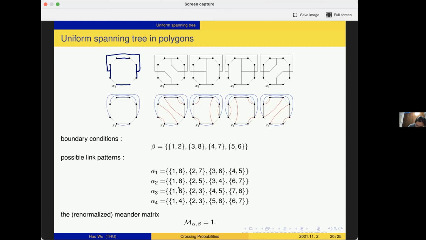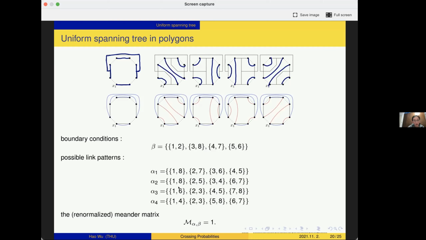So the Peano curve can go like this, can go like this. So with these boundary conditions, if we think about the Peano curves and how they connect between the 8 marked points, there are going to be 4 possibilities.